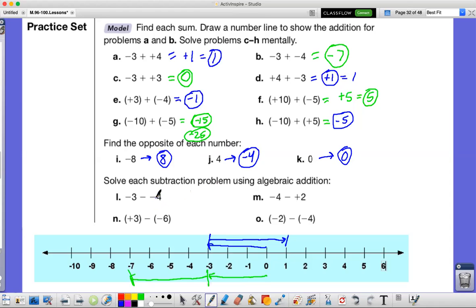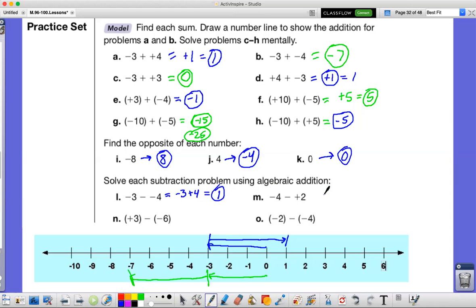How about letter L? Solve each subtraction problem using algebraic addition. So that just means what you probably did mentally here anyway. But in this case, this would be like saying -3 plus 4. So what did you end up with when you answered that? 1 would have been the best answer in that case.